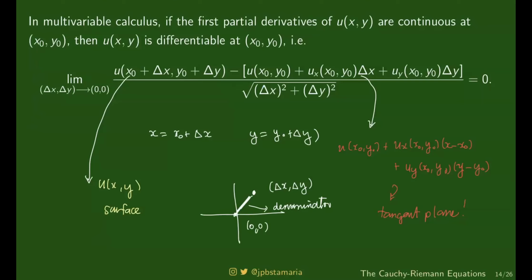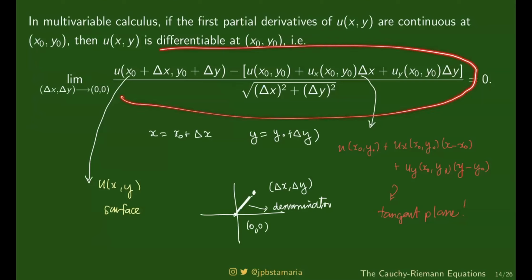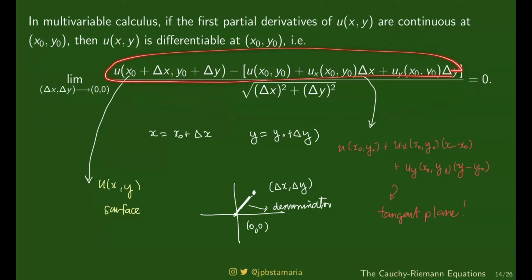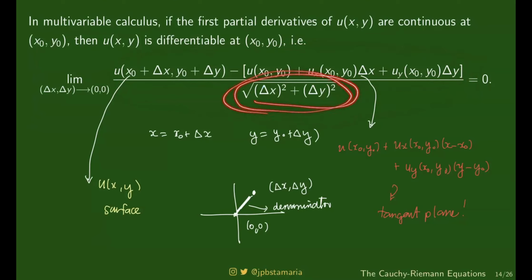Sa science, pag kayo nasa science, you call this the relative error kasi you're dividing the error with the magnitude of the change. This is the difference between the approximation divided by yung gaano kalaki yung change na nangyari.